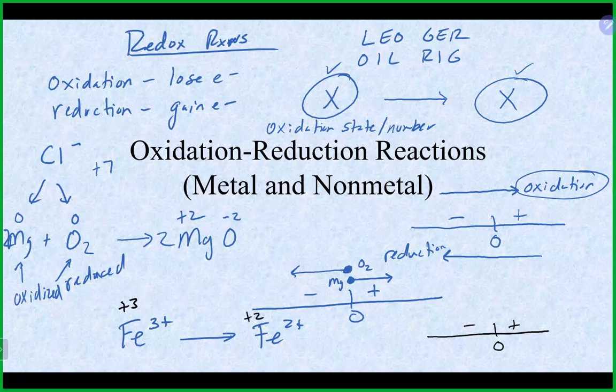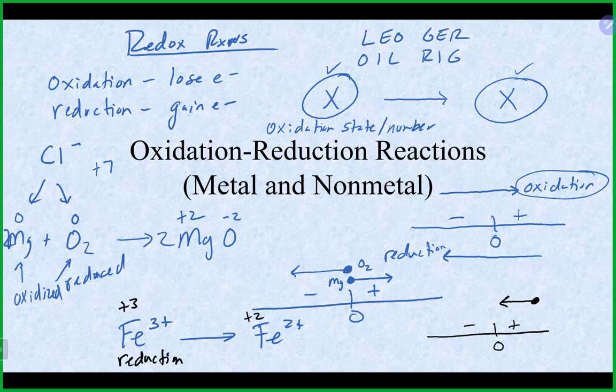On the right-hand side, the iron has a +2. If we mark that on our number line, +3 is around here, and +2 means we are moving in that direction. That means this iron is going through reduction. He is being reduced in this case. Any questions on that? Again, becoming more negative.